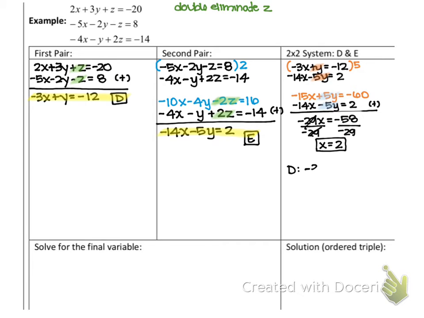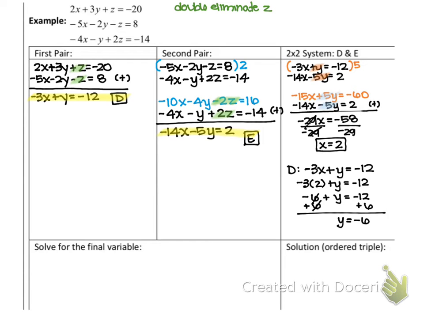So negative 3x plus y is equal to negative 12. You know what x is, so plug it in. That gives us negative 6 plus y equals negative 12. Add the 6 to the other side. It looks like y is going to be equal to negative 6.